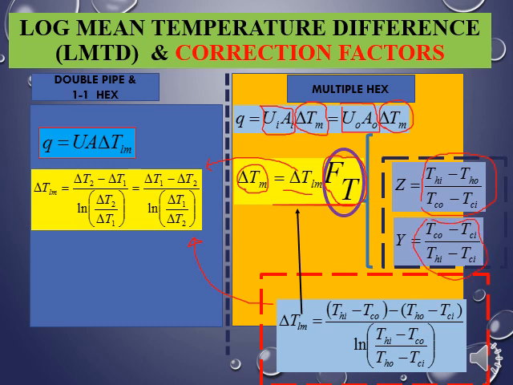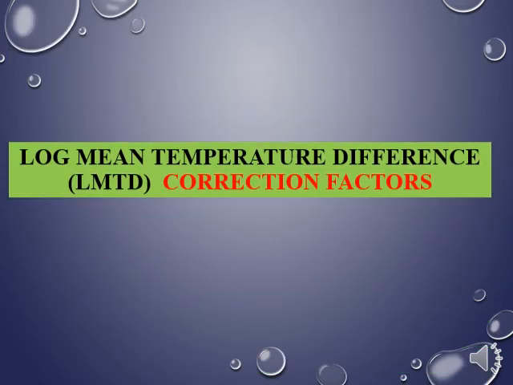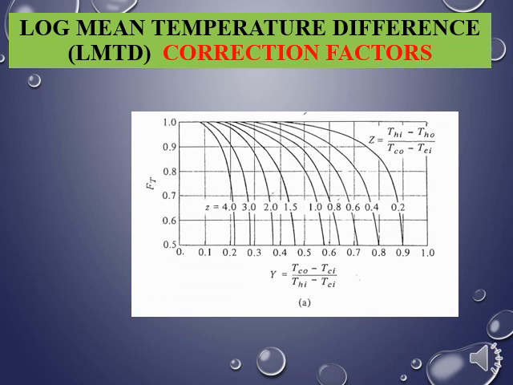You should know what your Th in, Th out, Tc in, and Tc out are. Then you'll be able to calculate Z and Y. This is the chart that we will use to obtain the value of Ft that I mentioned in the previous slide.